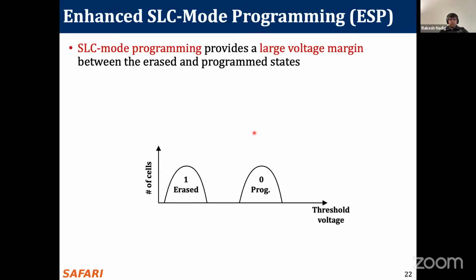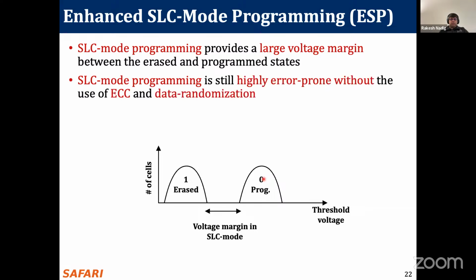If you store fewer bits, the reliability goes up because there is a wider margin between the two states. This is a representation of the voltage distribution of the cells in a word line. Some of them are in the erased state, some of them are in the program state. So there's already a large voltage margin.